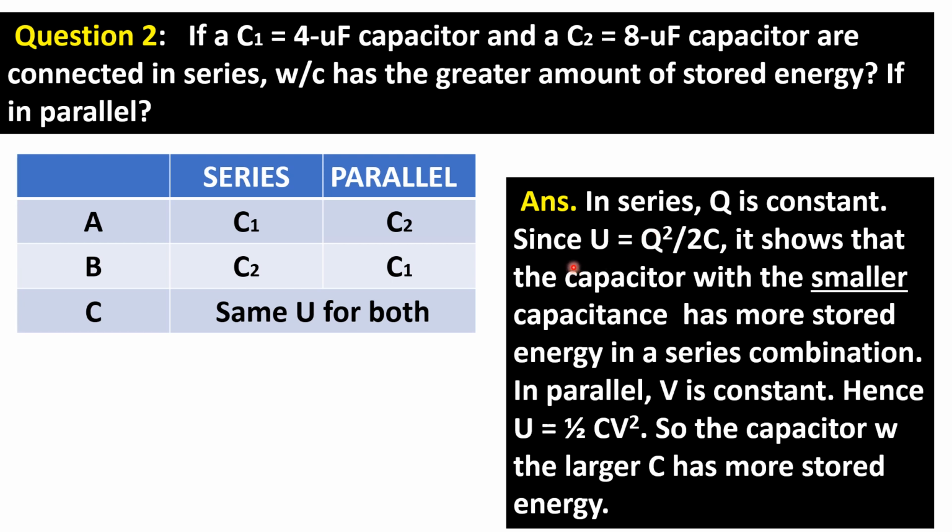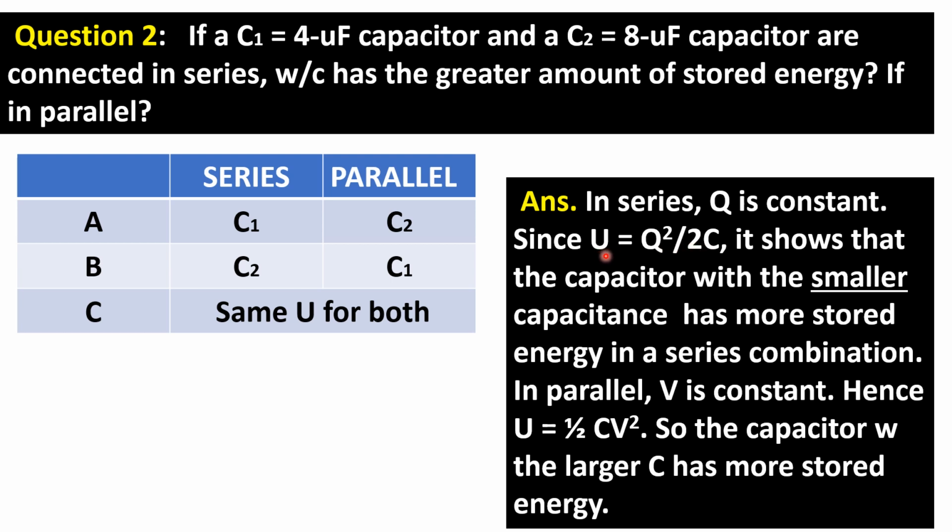And since we have the formula that relates the electric potential energy, denoted by capital U, which is equal to the square of the charge Q squared divided by twice the capacitance C, whose charge Q is constant.